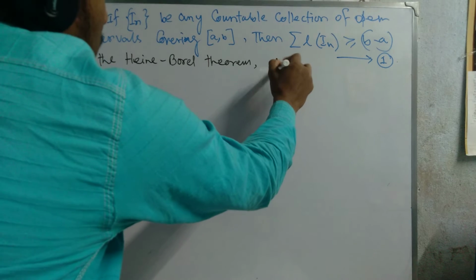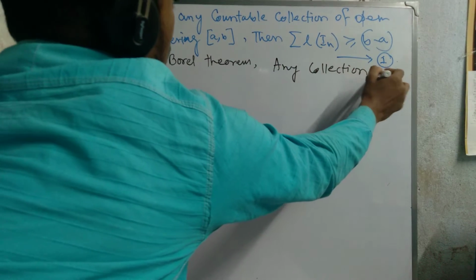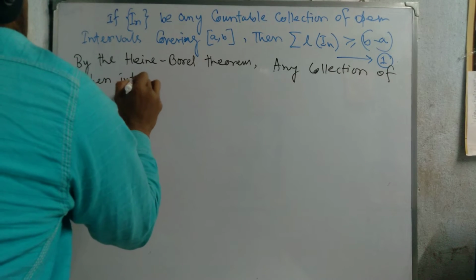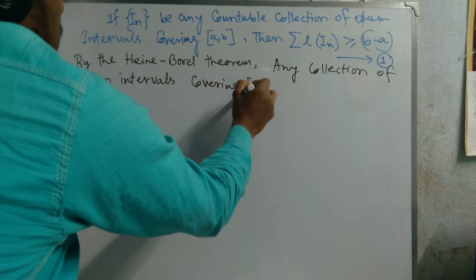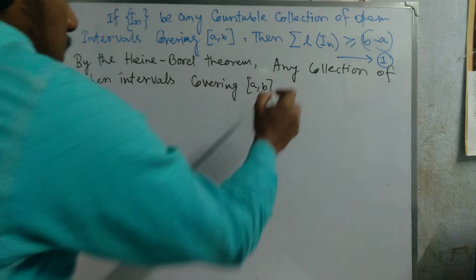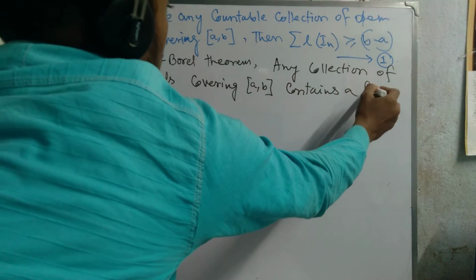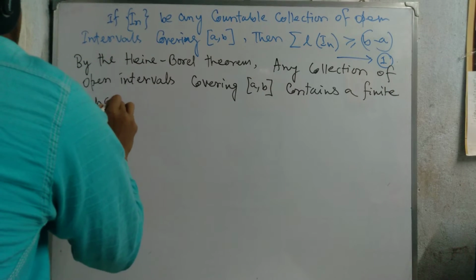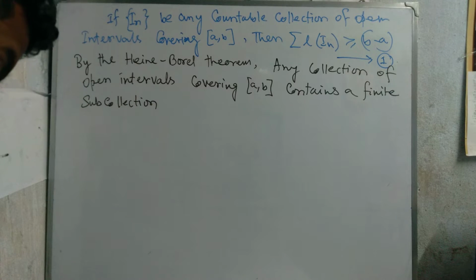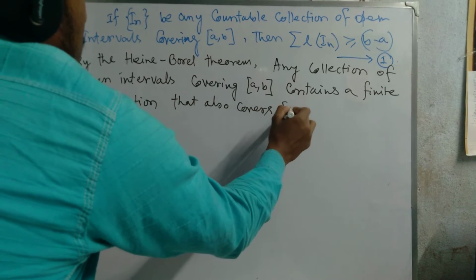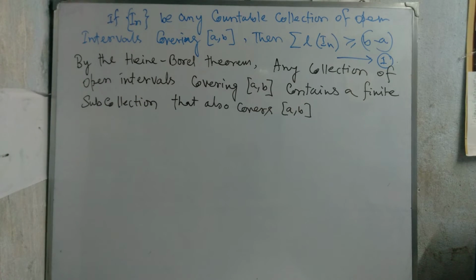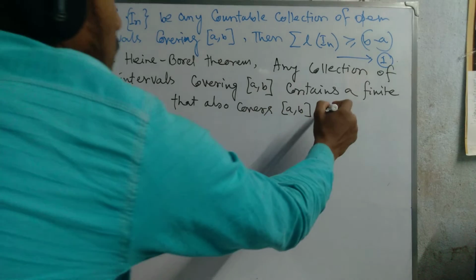Then by the Heine-Borel theorem, any collection of open intervals covering [a, b] contains a finite subcollection that also covers the closed interval [a, b].